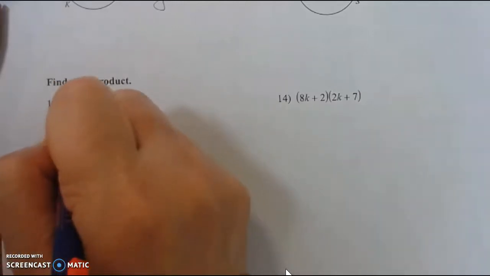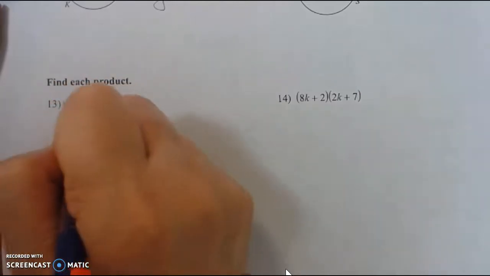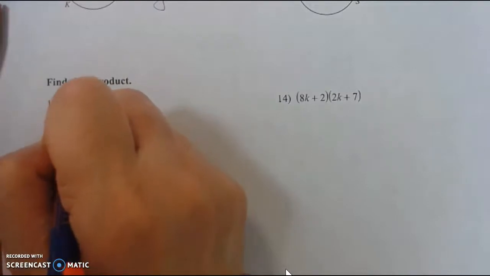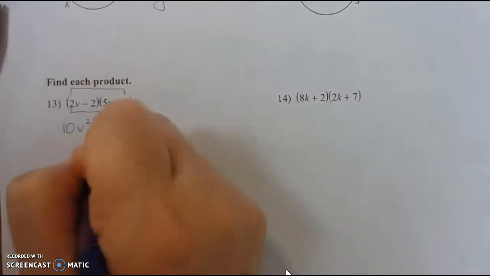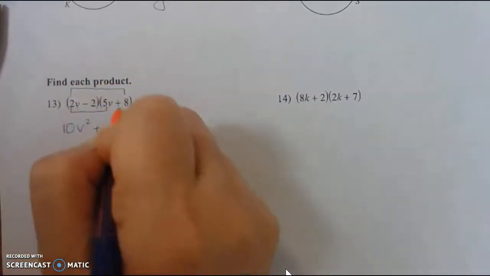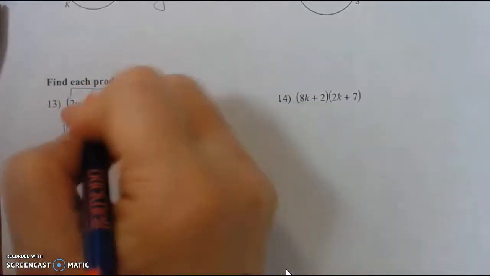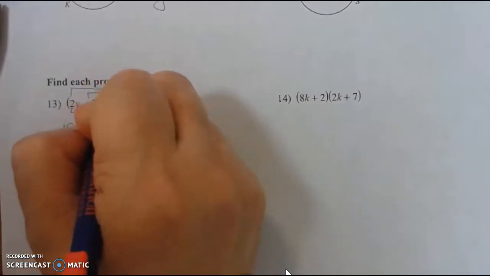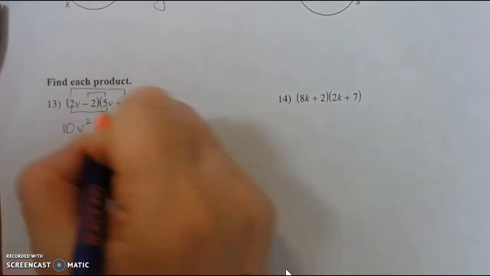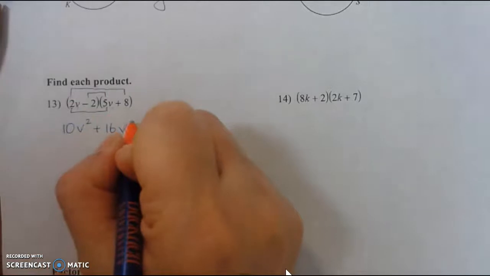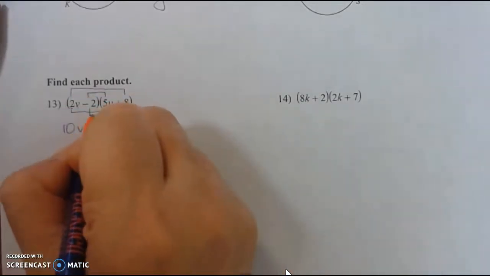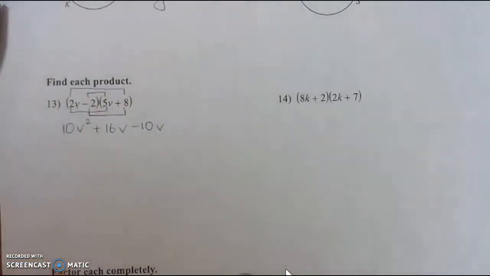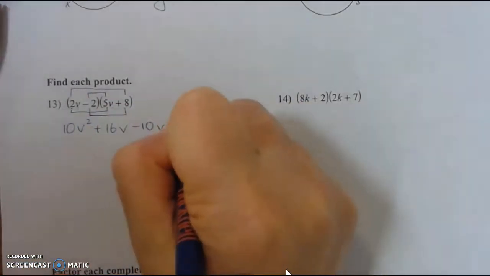And then outside is 2v times 8 is 2 times 8 is 16v. And then the inside is negative 2 times positive 5v, which is going to be negative 10v. And then last with last is negative 2 times positive 8, which is going to be negative 16.